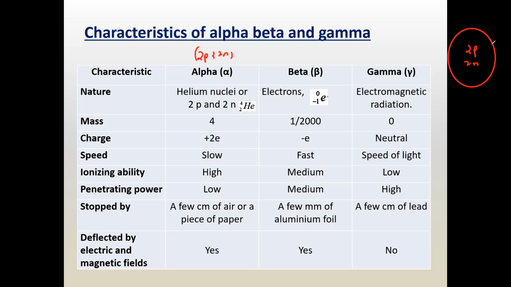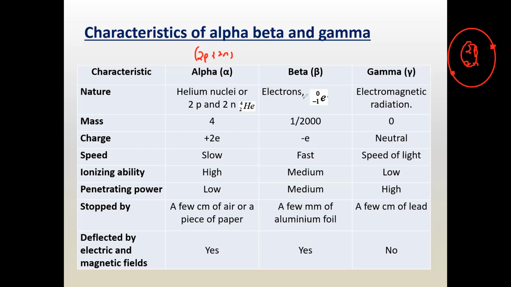The alpha particle resembles the nucleus of the helium. That is why alpha particles have another name. They are also known as helium nuclei, which consist of two protons and two neutrons.